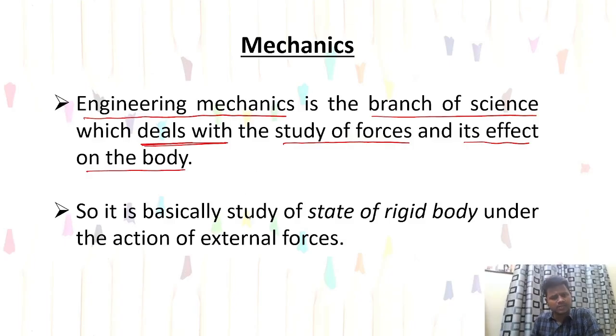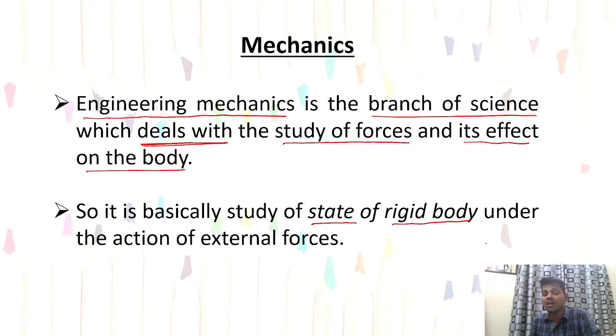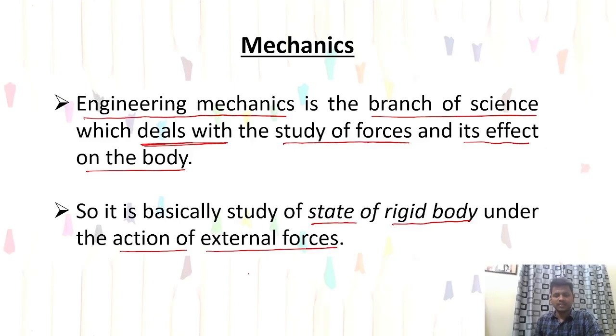So basically we'll study the state of a rigid body under the action of some external forces. That means if there is a body, let's say this is the body, I have to apply some external forces.